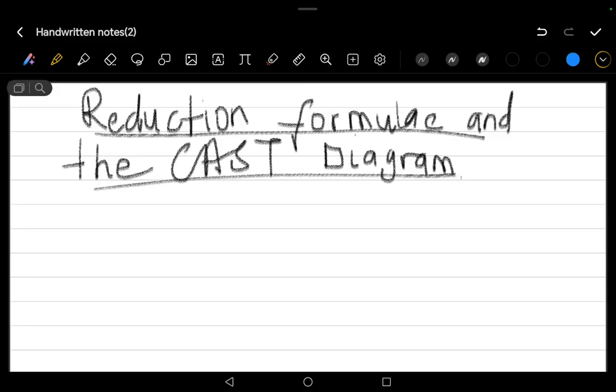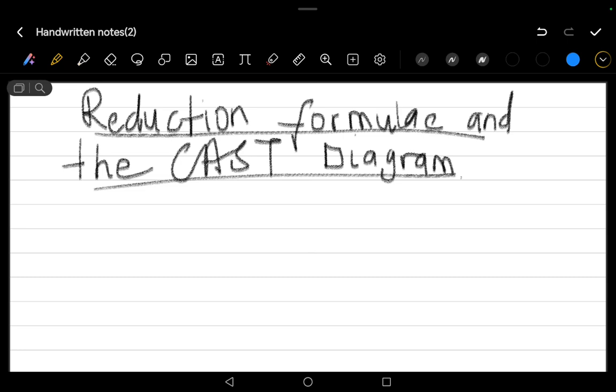At the end of this, you have to understand the 4 quadrants, and you also have to be able to use the cast diagram to determine the sign of the trigonometric ratio. You also are able to apply reduction formula, evaluate trigonometric ratio for angles greater than 90 degrees, and solve problems involving quadrilateral angles.